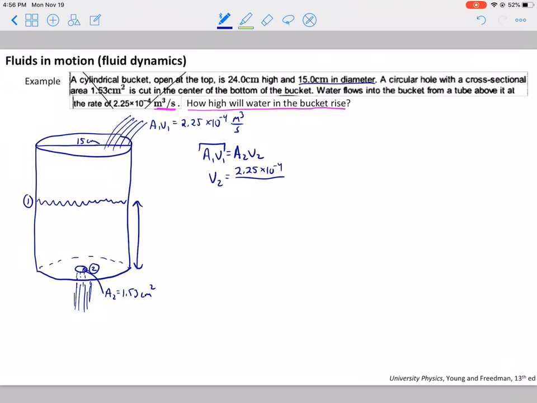I'll be a little careful here, that's in centimeters squared, so you'll have to do a conversion there. That's going to be 0.000153 once we convert that to meters squared. So that's going to give me a velocity of 1.47 meters per second flowing out the bottom.